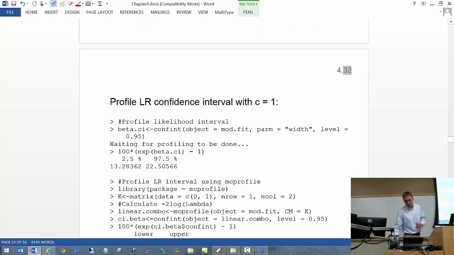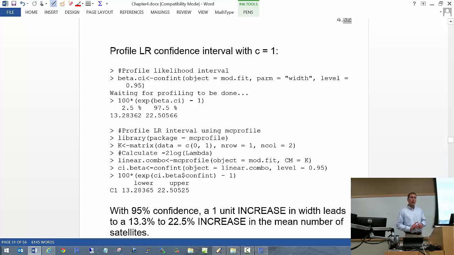Okay. Well, what about a confidence interval for PC? I keep on thinking PC means politically correct. We're finding intervals for politically correct. We're estimating politically correct. No, percent change. Okay, so when we're using the glm function itself, what confint does by default is find a profile likelihood ratio interval.